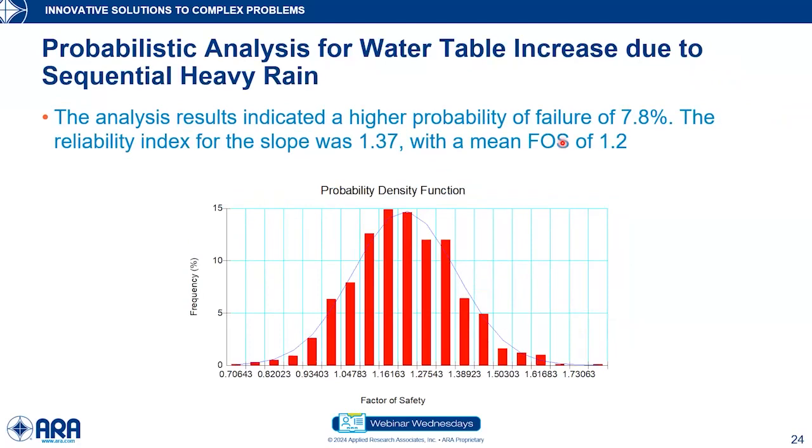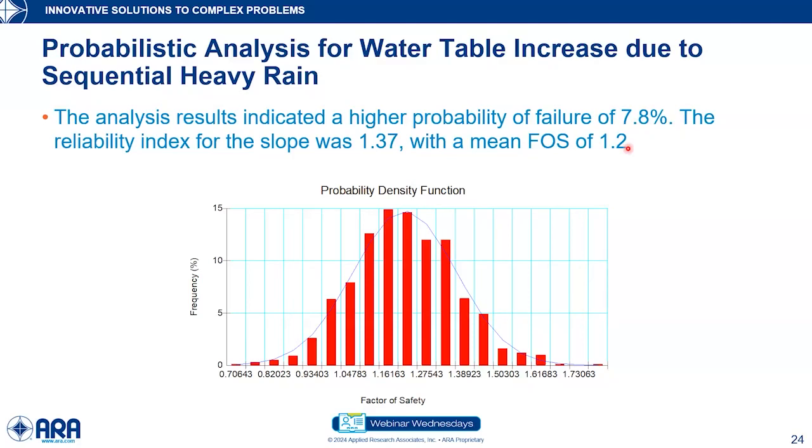However, if you consider the sequence of events and you start doing stochastic simulations and stochastic repeated runs, you end up with basically higher water tables leading to reduced factors of safety. And the probability of failure will be much higher at that stage. It's 7.8 compared to 0.6 in the previous one.